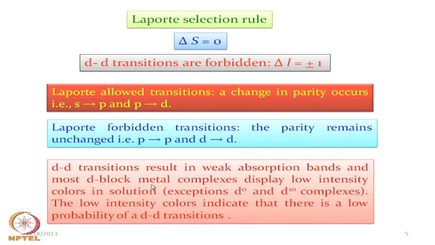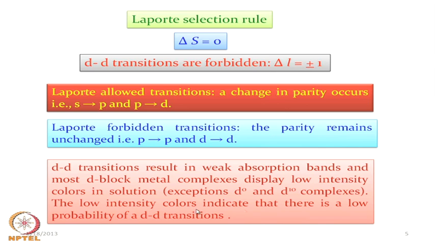So, why do we get these transitions even though they are very weak? The d-d transitions result in weak absorption bands, and most d-block metal complexes display low intensity colors in solution. That means our epsilon max values are low, with exceptions for d0 and d10 complexes, where we do not have to consider the d-d transition.